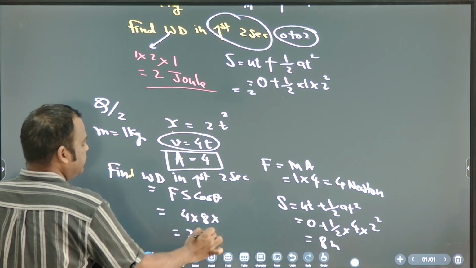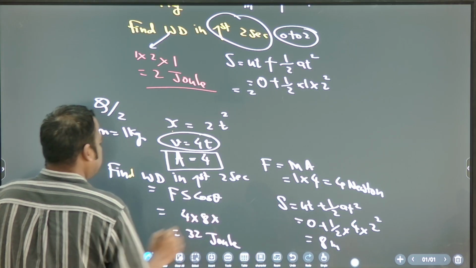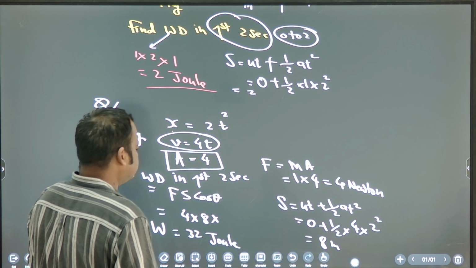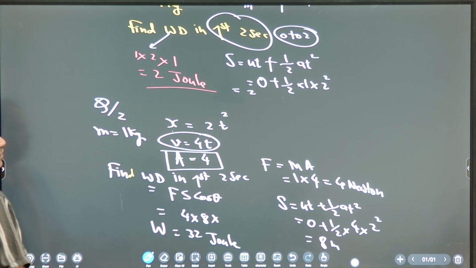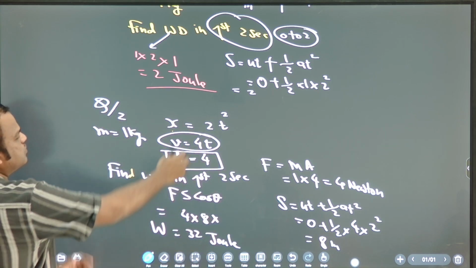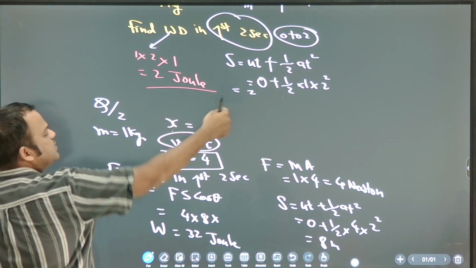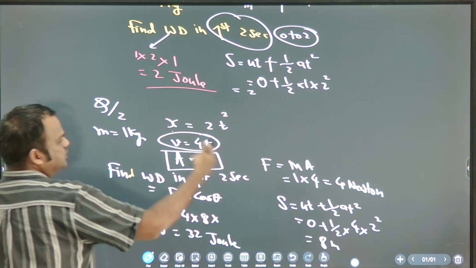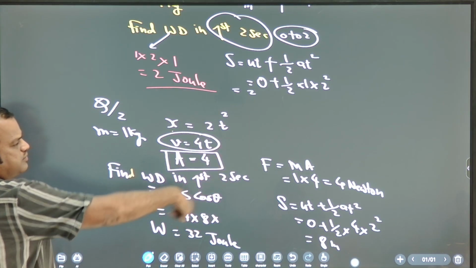So 32 joule. Work done is 32 joule. Right? So how to solve this question? Suppose x is given as 2t square and I am asking work done in first 2 seconds. This is one method.